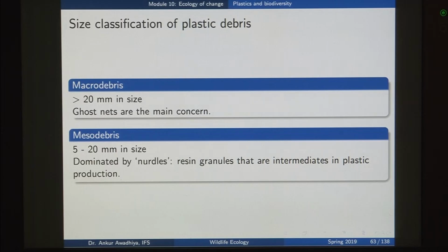Now, why should nurdles become debris? Suppose there is a ship that is carrying nurdles from one country to another. One country is making the polymers, converting them into nurdles, and then shipping them to another country that will use these nurdles to make items of use.